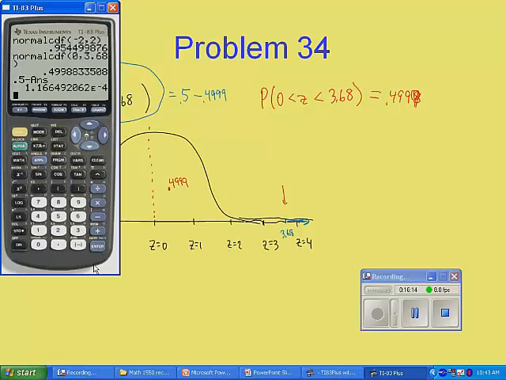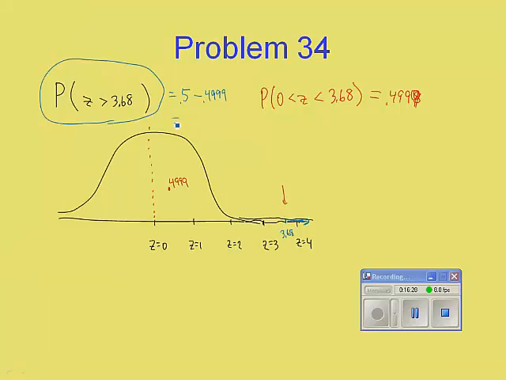And so how much is the blue? Oh, that's ridiculously small. What does it mean when you see E negative 4? It means you have to move the decimal point back 4 places. So the actual answer is 0.0001.